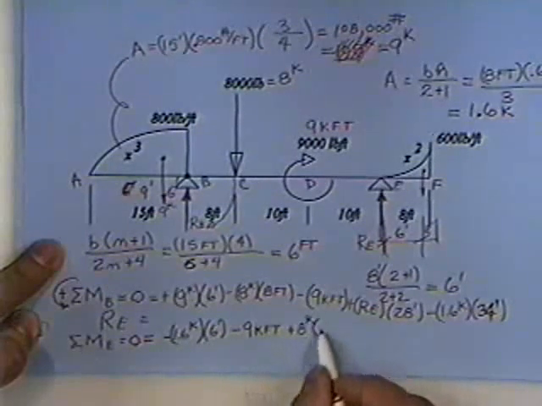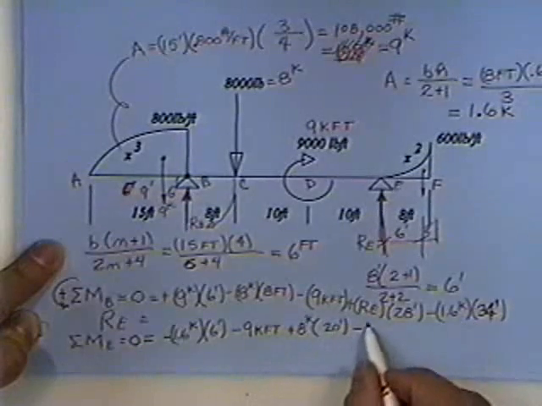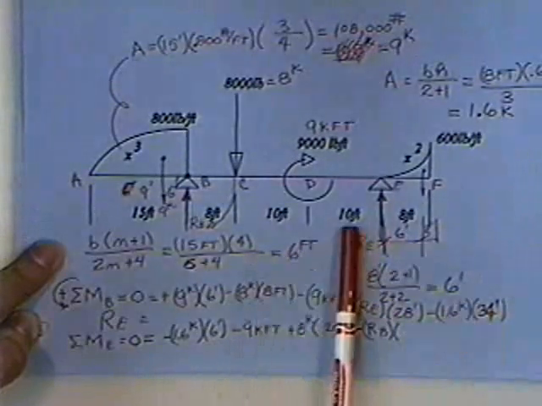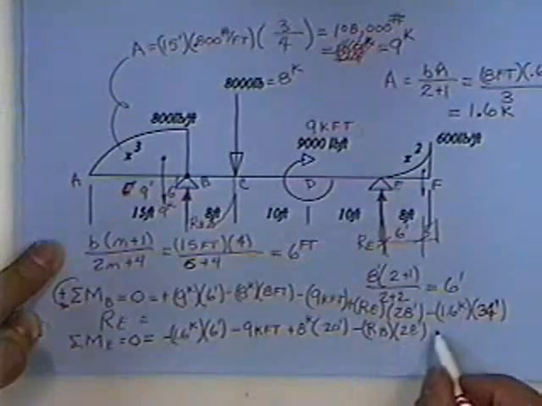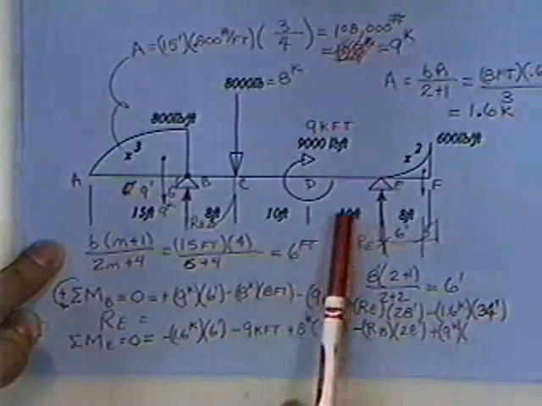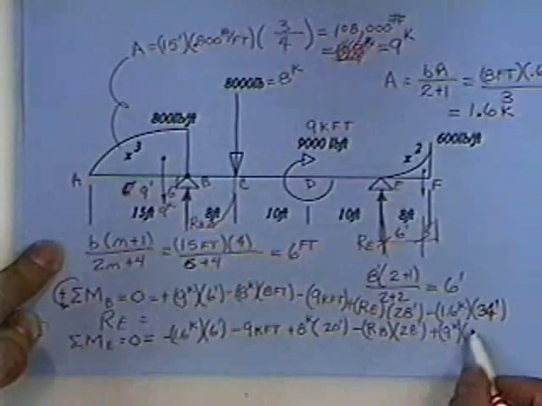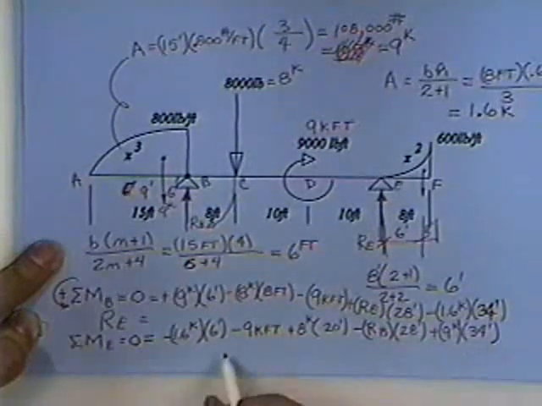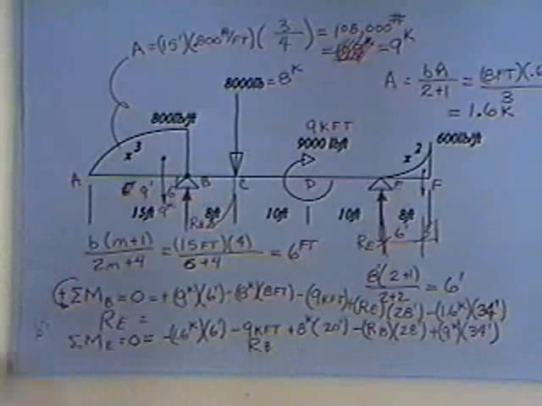Plus 8 kips times his moment arm of 20 feet, minus the reaction at B times his moment arm of 10, 20, 28 feet, and plus the 9 kip times his moment arm, 10, 20, 28, 34 feet. Same as that other guy. And I can solve for the reaction at B.